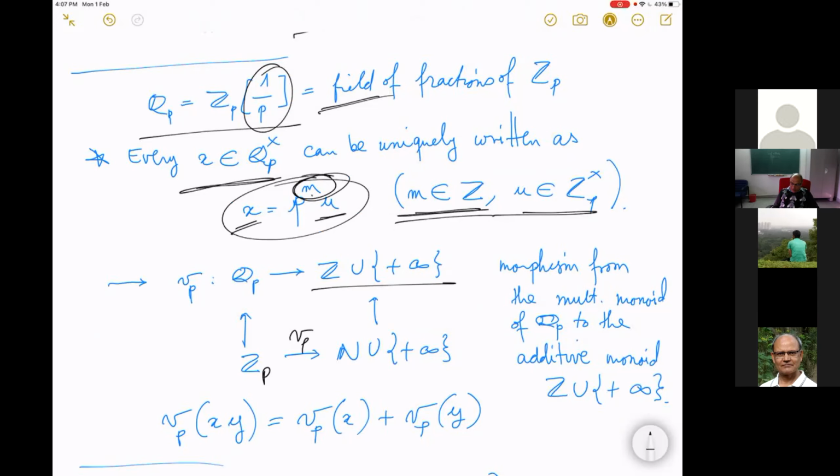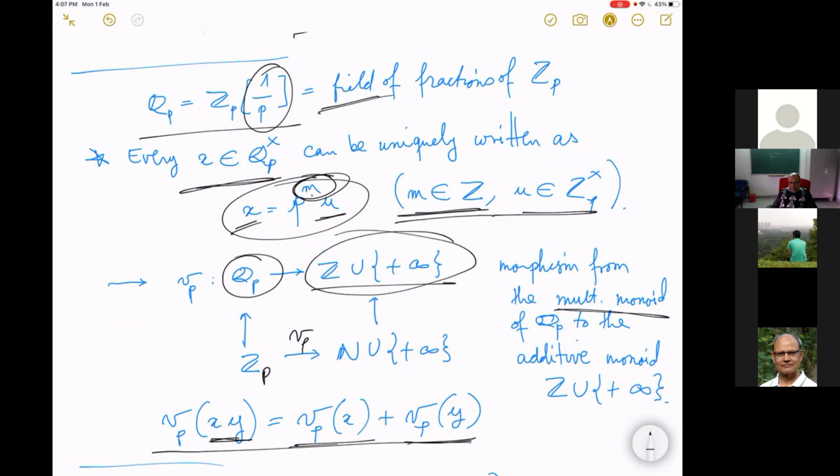So this is a morphism of multiplicative monoids, which just means that VP of X times Y is VP of X plus VP of Y. Here, this is being thought of as a multiplicative monoid, and this is being thought of as an additive monoid. And what is additive about it? N plus plus infinity is of course equal to plus infinity for all N in Z union plus infinity.